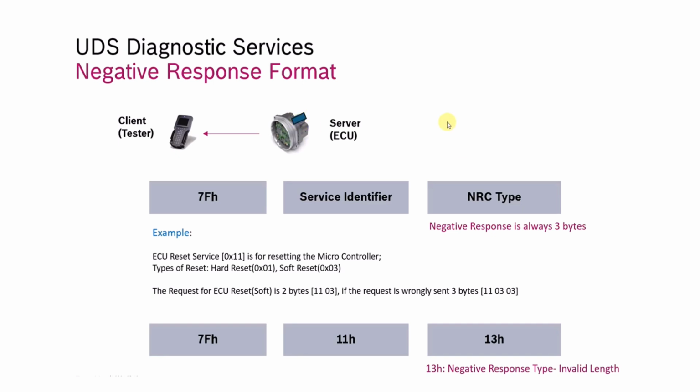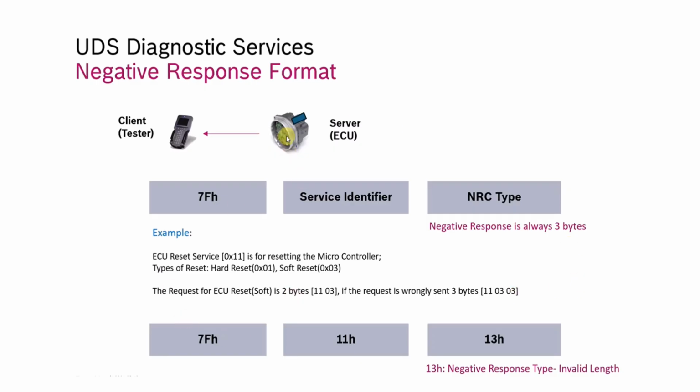The server will check the request format. It will see 3 bytes, meaning 110303. It will not understand the meaning of this. It understood 11 is a SID and it has some subfunction 03, but the rest is invalid, so it's meaningless.